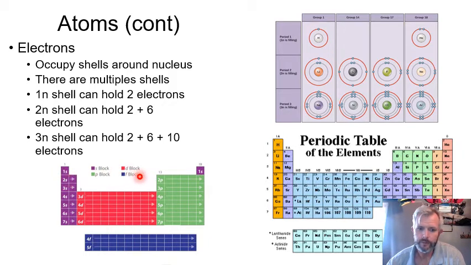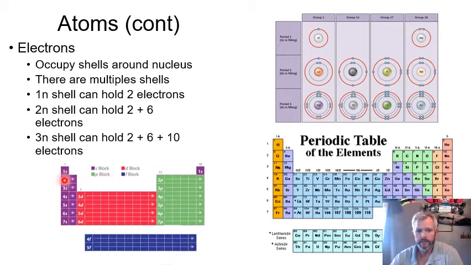Now to completely fill a p orbital, we have to have 6 electrons, to fill this 2p orbital. So 2p's here, look at here. The key is that atoms are stable when their orbitals, these shells, are filled.